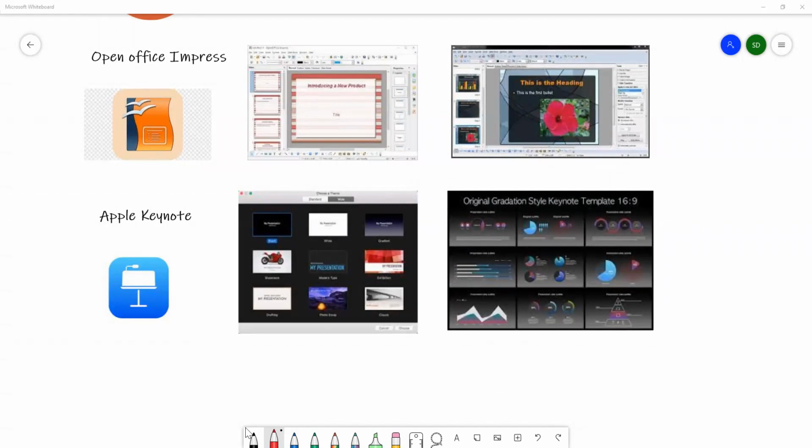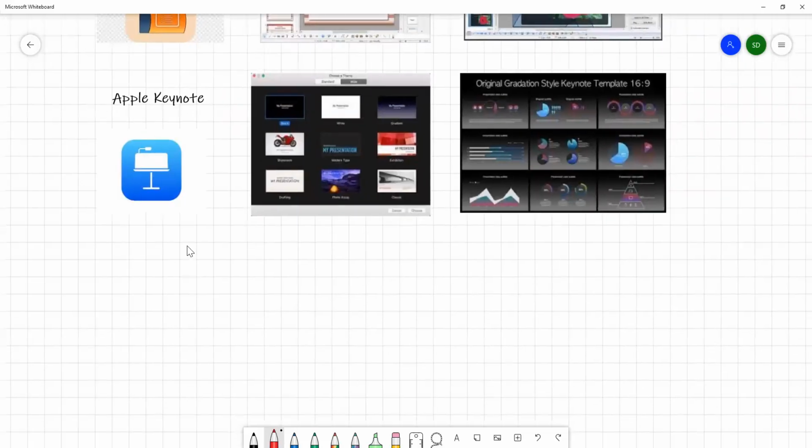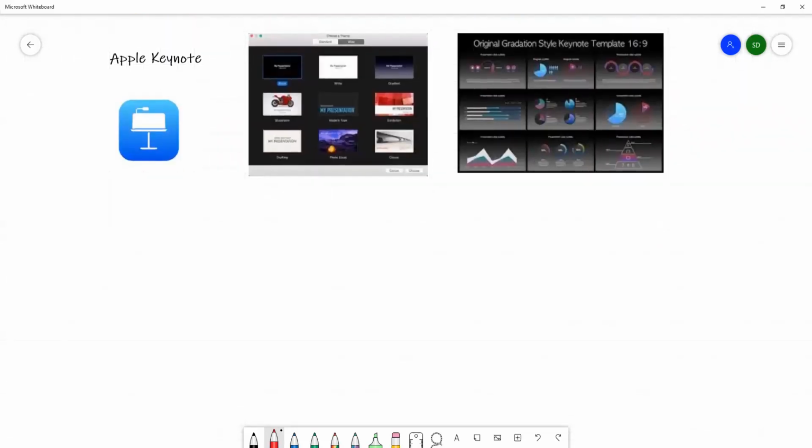Okay, and then let's look at some more, like Beamer. We have another one called Beamer, right?